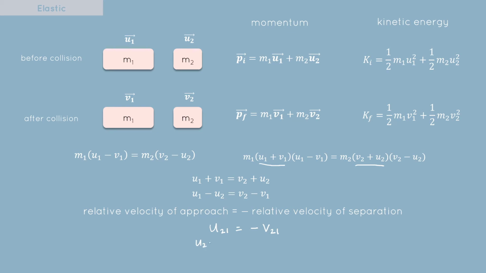So this is u2 minus u1 equals the negative of v2 minus v1. These are the speeds of mass 2 with respect to mass 1, if we take the perspective of mass 1. If we apply the minus sign to the left side, we will get u1 minus u2 equals v2 minus v1. So it's the same as this.